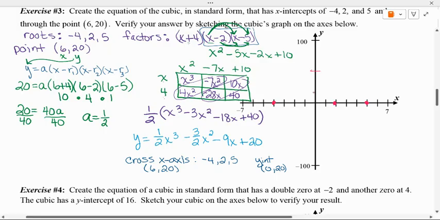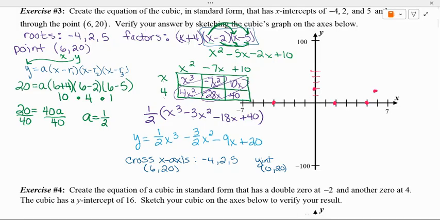So 50, and I'm going to break this up, 10, 20, 30, 40. So right here is where I'm crossing the y-axis at positive 20. And I know that I also pass through the point (6, 20). Okay.